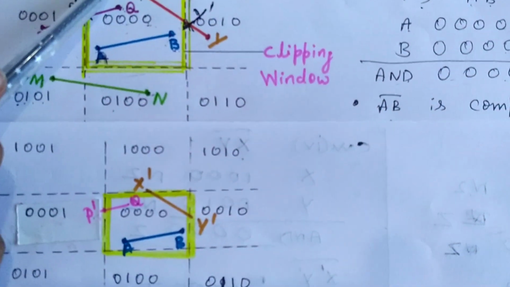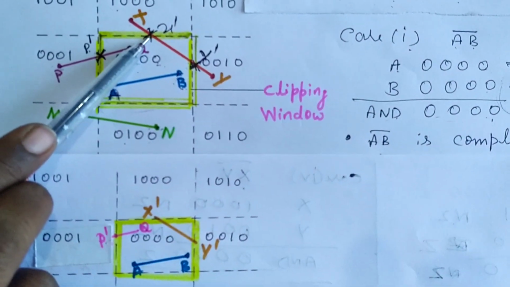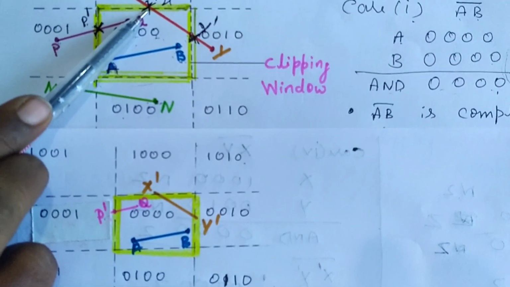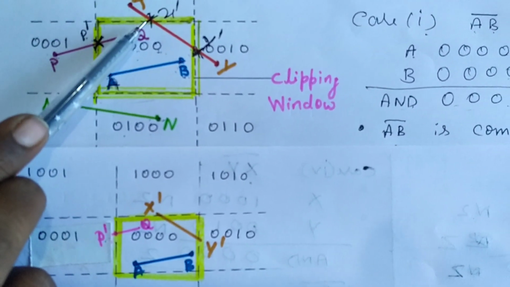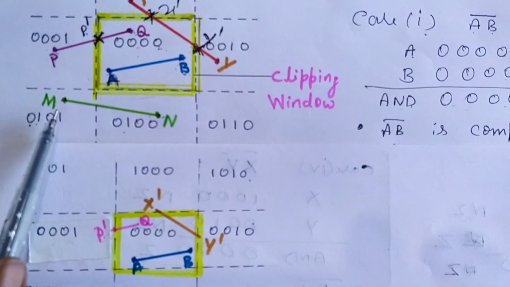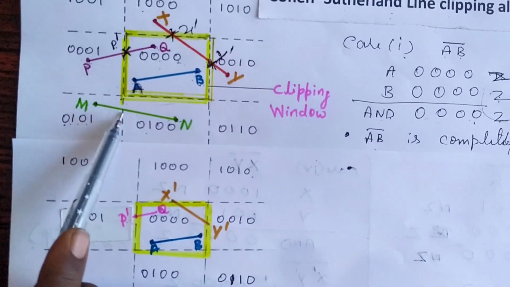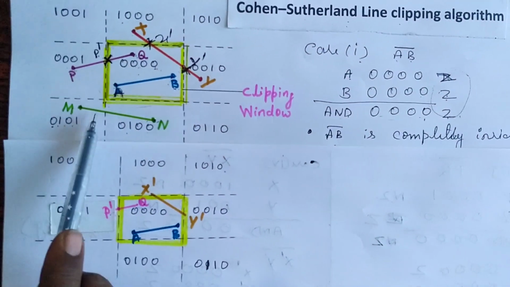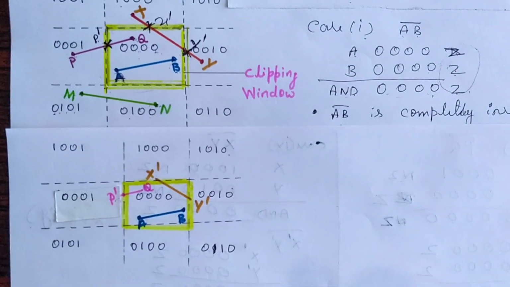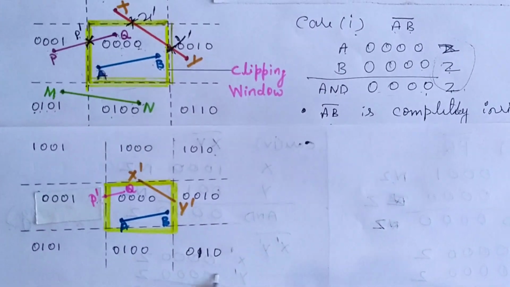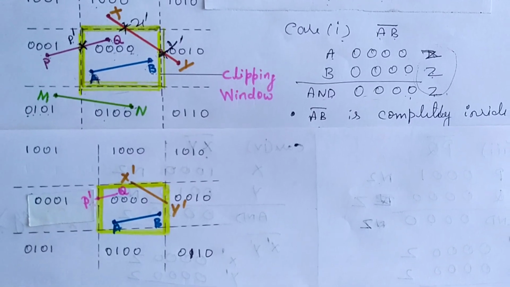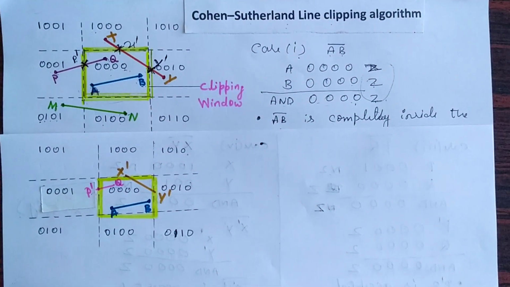Then for the line segment XY, after finding the intersection and the AND operation, we have accepted the line segment X dash and Y dash by clipping X and X dash, and Y dash and Y. So our line segment becomes like this. And the last one, the line segment MN, was completely outside the clipping window, so it is rejected. After rejection, our line segments inside the region of the XY plane become like this. So till now we have discussed how the example of the Cohen-Sutherland line clipping algorithm works. Thank you.